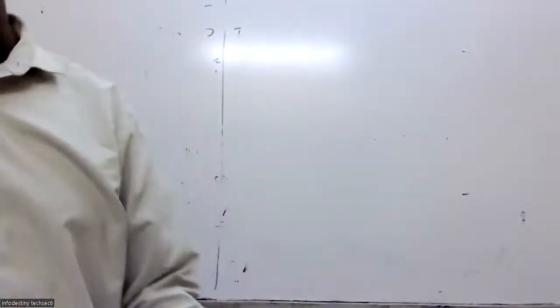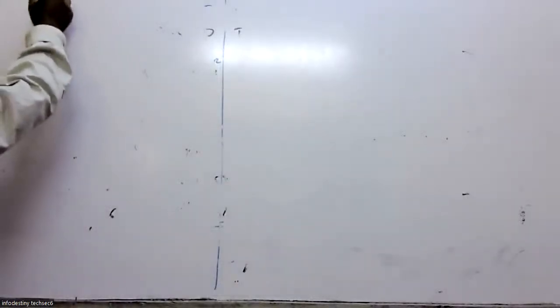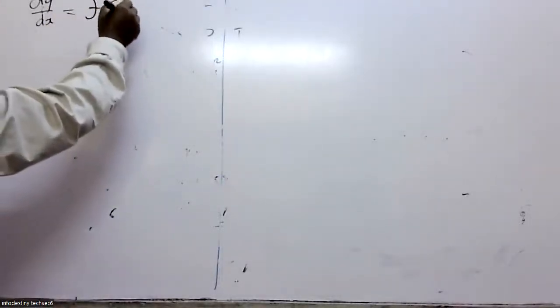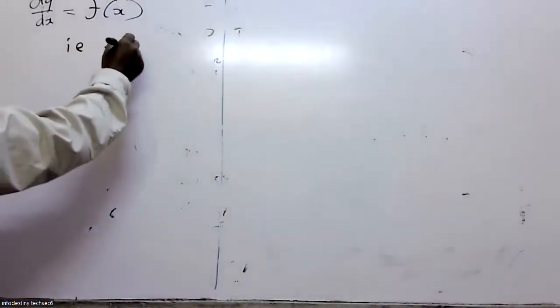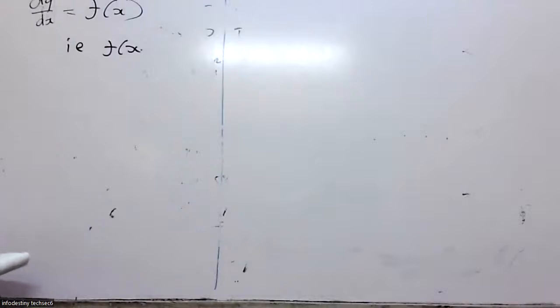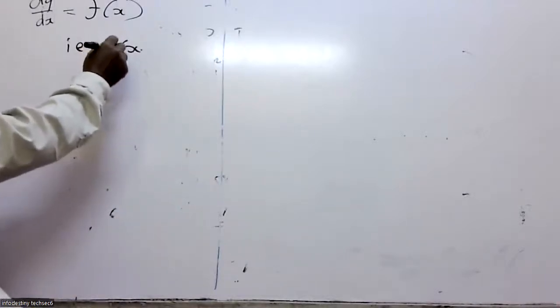Now, if given dy over dx equals f of x, that is the derivative, then you can find y as a function of x.